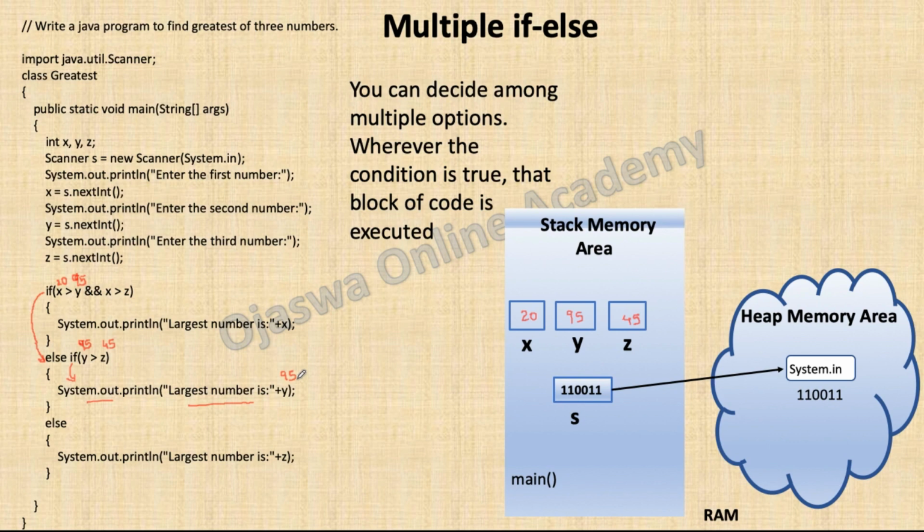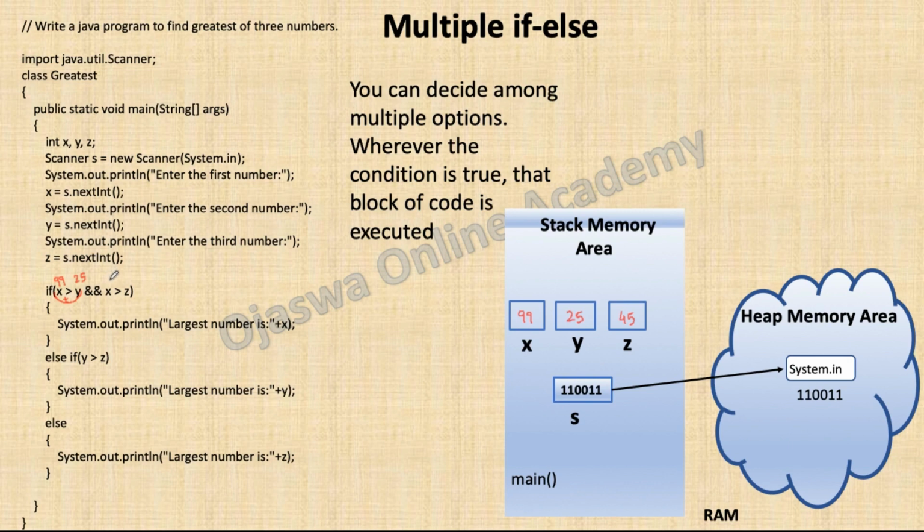Largest number is 95. Suppose the user enters first value 99, second value 25 and third value 45. Now when the if condition is checked, value of x is 99, value of y is 25, 99 greater than 25, this condition is true. So when the first condition is true, the logical AND operator checks for the second condition.